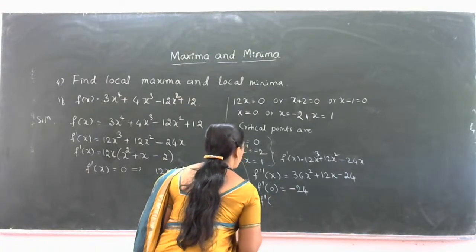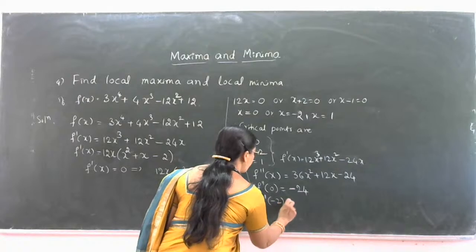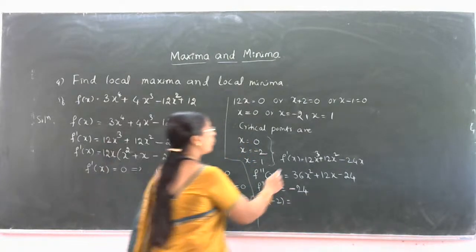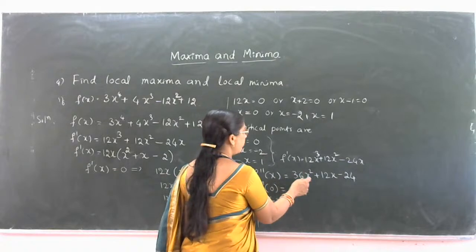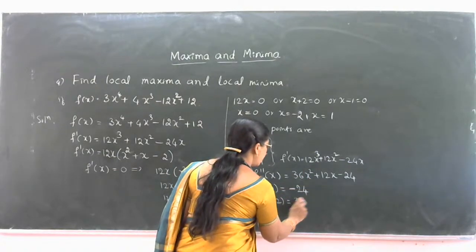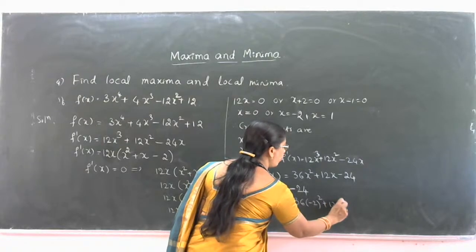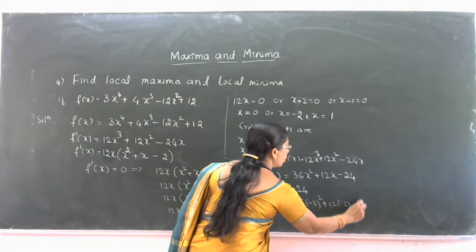Then at x equal to minus 2, if we put the value here, 36 into minus 2 whole square plus 12 into minus 2 minus 24.